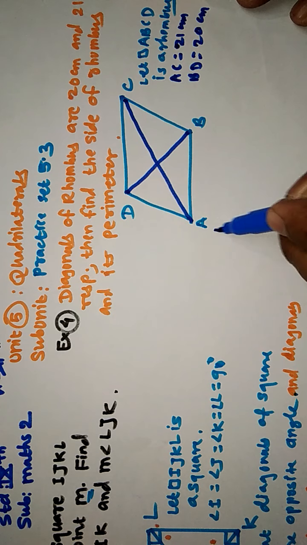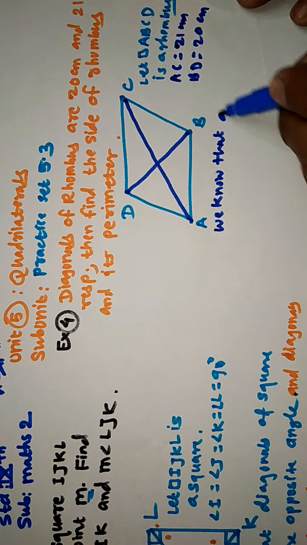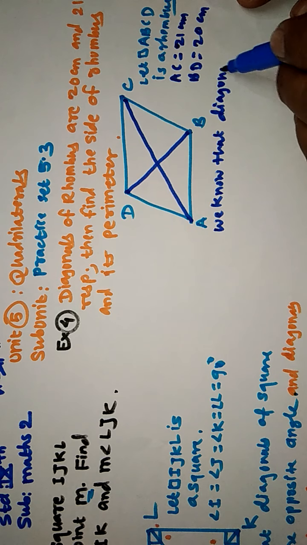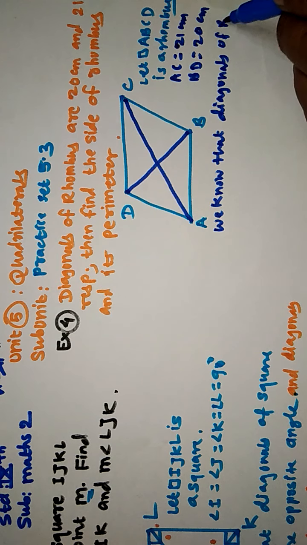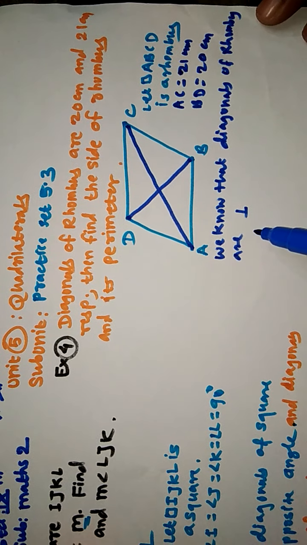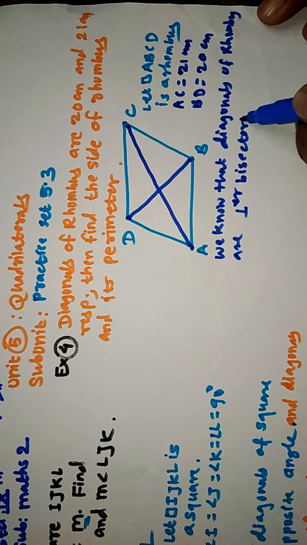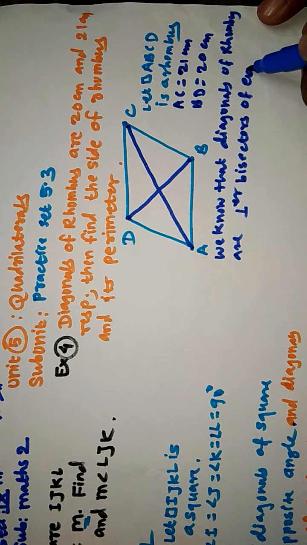We know the diagonal property. We know that diagonals of a rhombus are perpendicular bisectors of each other.